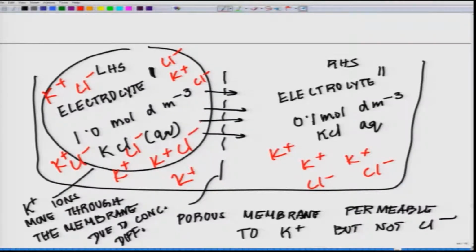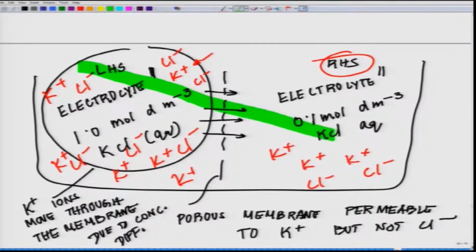Now, based on the gradient, say for example, I have 100 ions of potassium on this side and say 50 ions of potassium on the right hand side. Automatically, by the gradient difference, the flow will be in this direction. So, potassium ions will try to migrate from the left hand side to the right hand side.